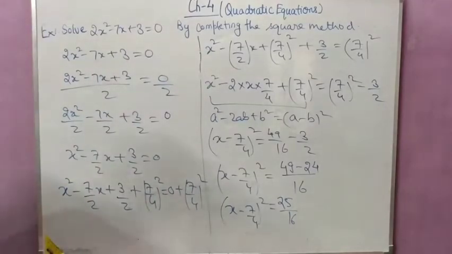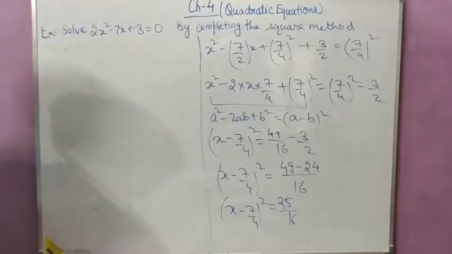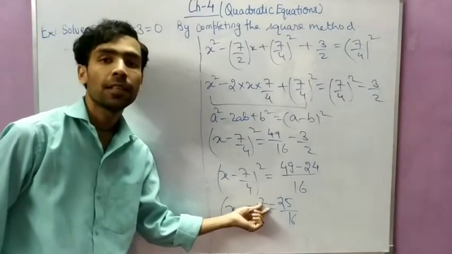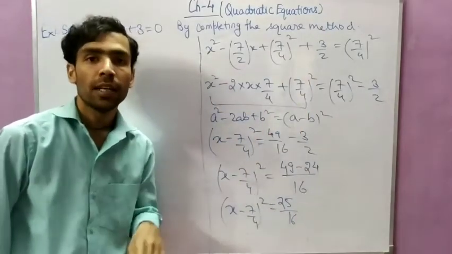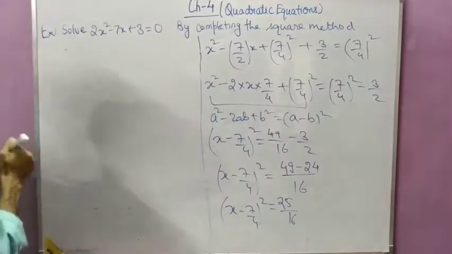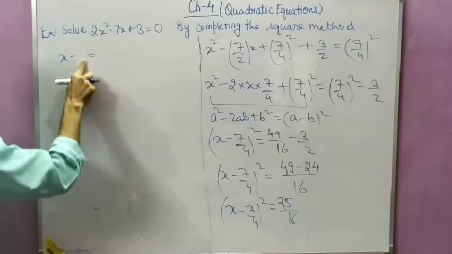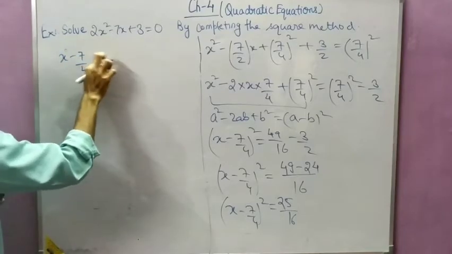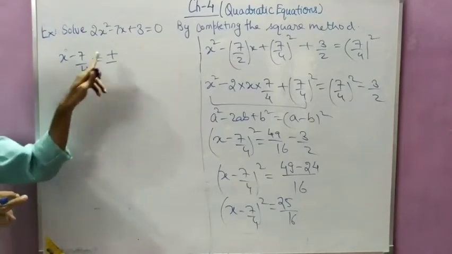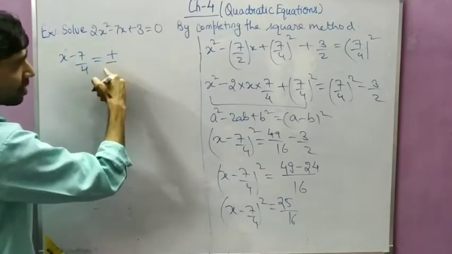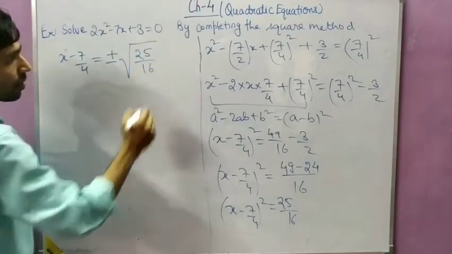Okay. Now I told you, when the square is removed and goes to the other side, it will become square root, with the sign of plus and minus. So here x minus 7 by 4 is equal to plus minus, because we have to take both signs, plus also and minus also, then under root 25 by 16.